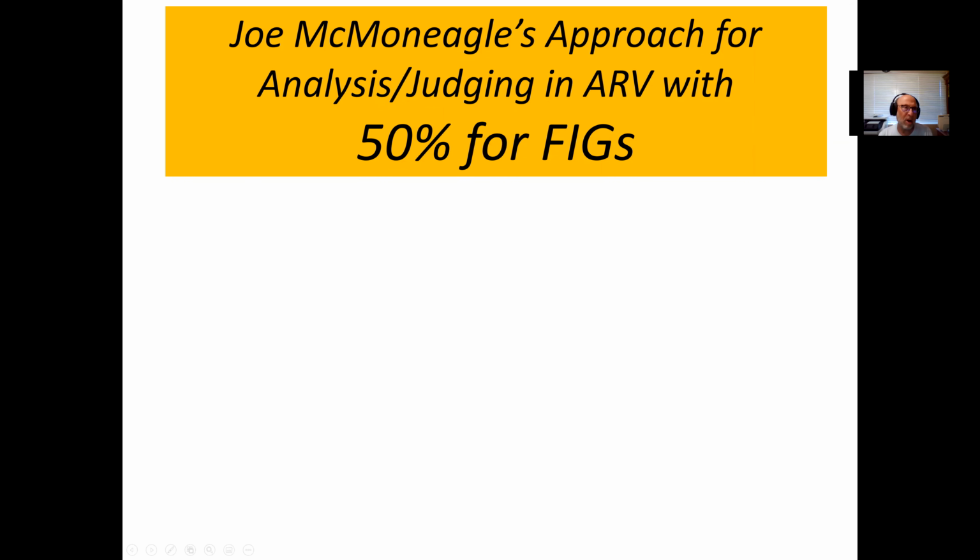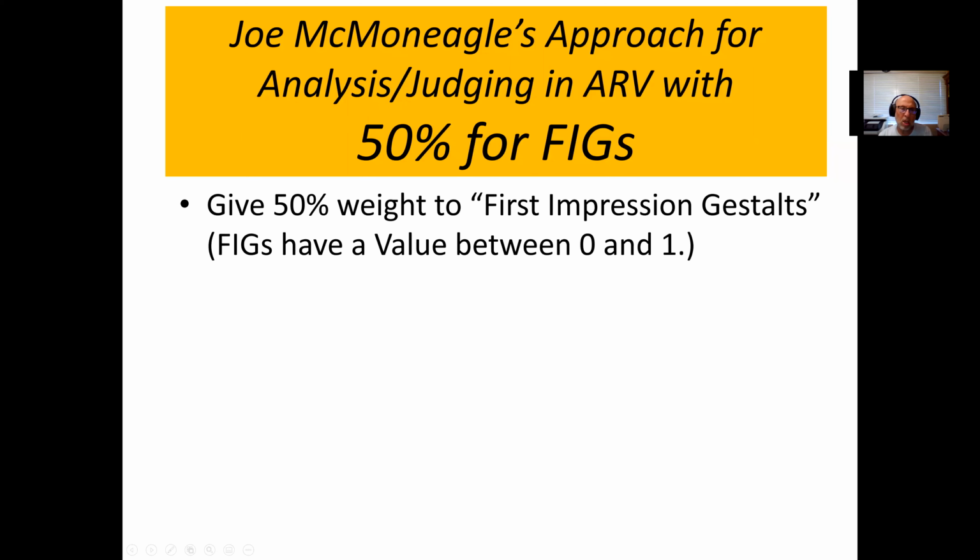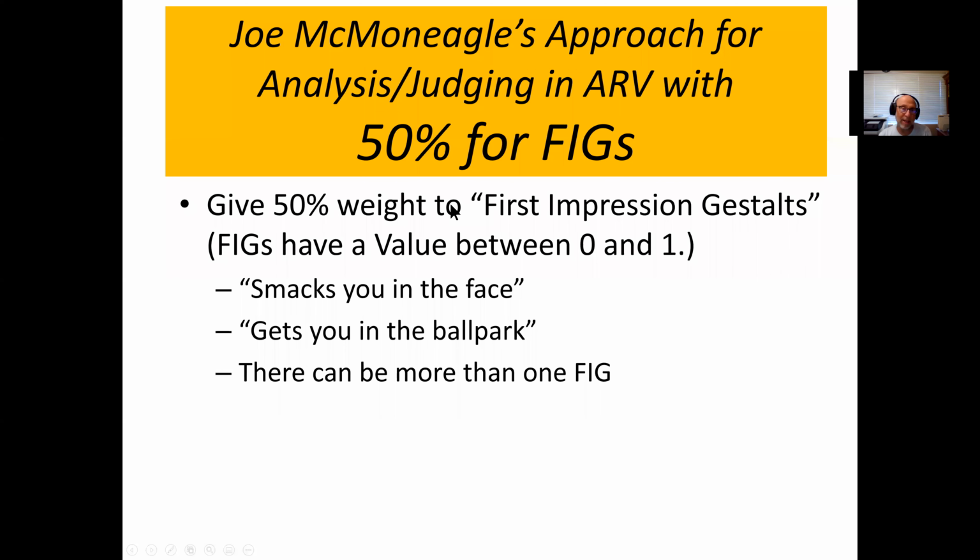We've had him at many of our workshops and seen just amazing work that he's done. And he maintains that these gestalts, what I call first impression gestalts, should have a 50% weighting on the confidence ranking.